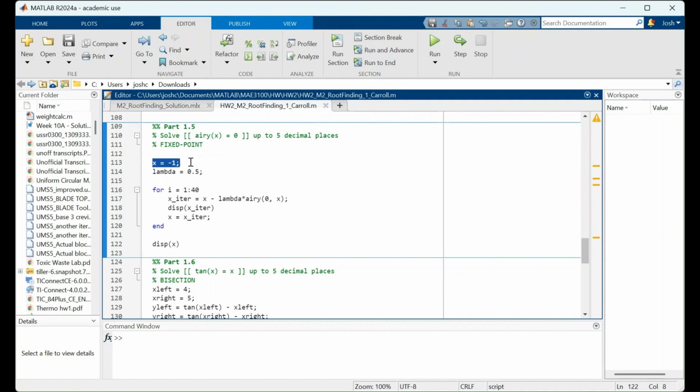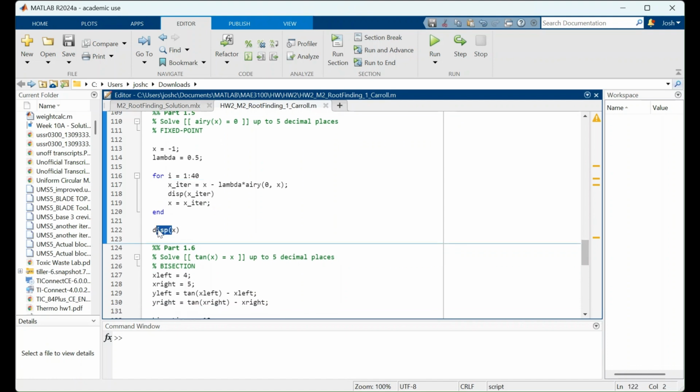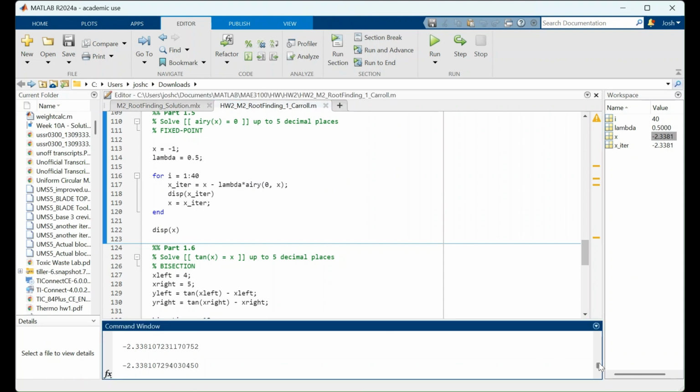It's pretty simple. You get your initial lambda, you multiply it by the function, display that, set it equal, because it's like your new value, and display. So as you can see, up to 5 decimal places.